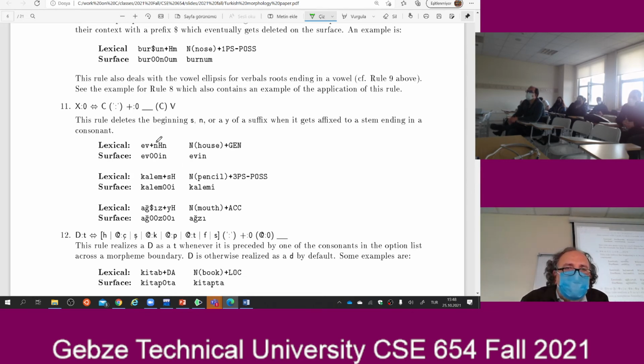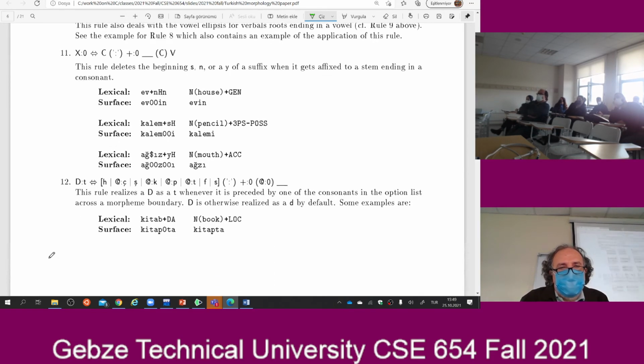This is evin. Evnin. Kapının. Okay. This is N-I-N suffix. But if you combine it with a word that ends with a consonant, you drop that N. So this X is S-Y-N, right? You drop S, Y, and N. Okay, it goes like that.